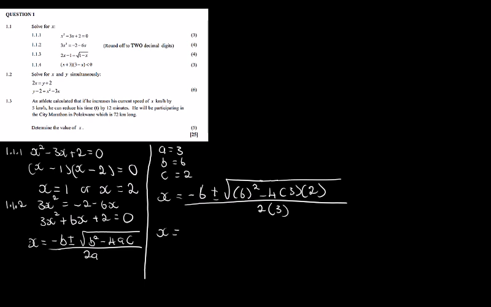So if you plug this onto a calculator, you should get negative 0.42. Remember, they said round off to 2 decimal digits, right?